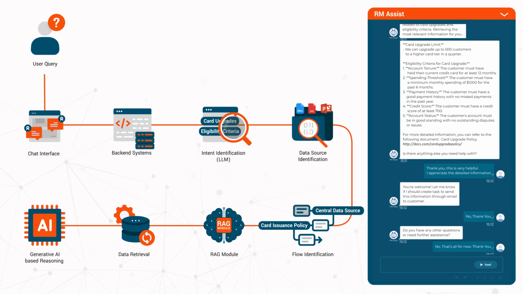Data retrieval from the identified section and Gen AI model processing the retrieved information and response generated. It also provides the link to the detailed document for further information. The relationship manager now has the right information to proceed with client upgrades, ensuring efficient and personalized service.